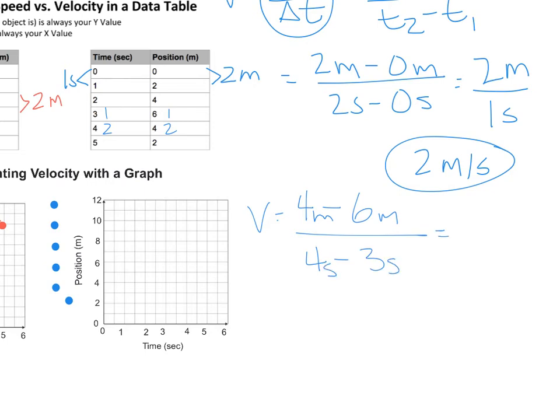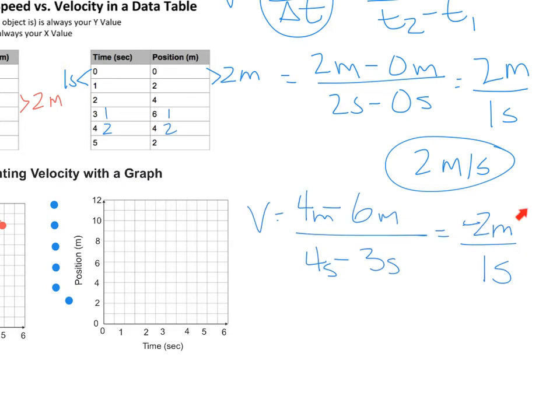So all of a sudden, we get a value of -2 meters per 1 second.